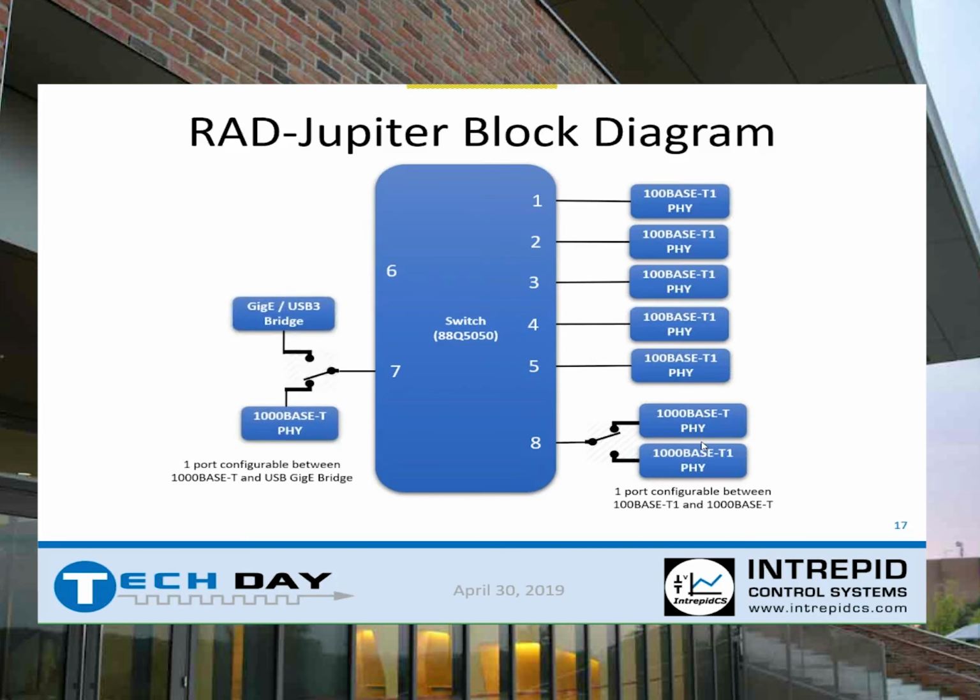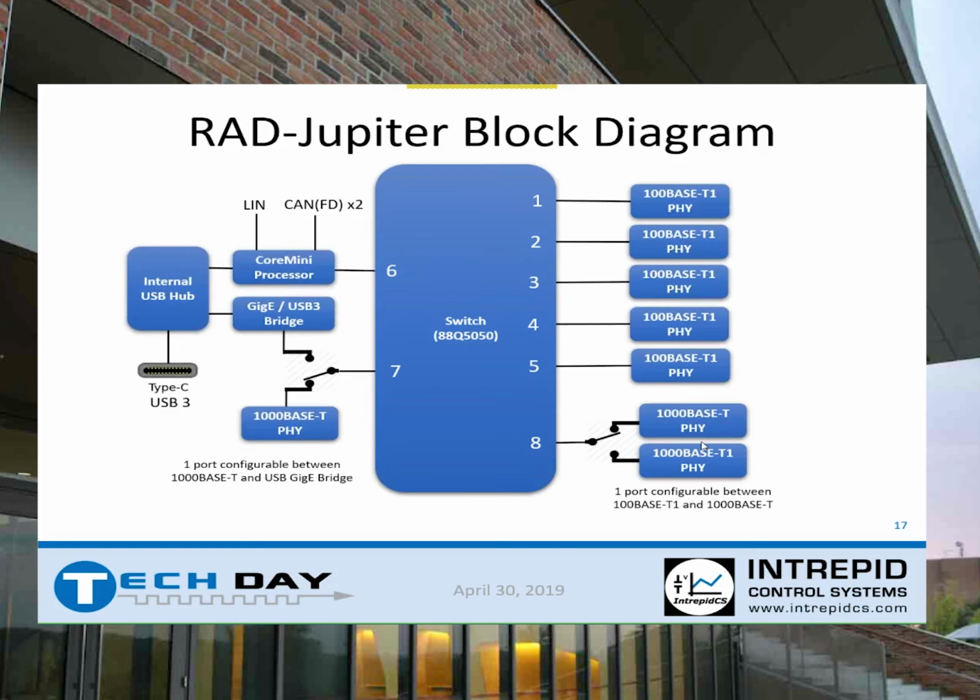Another port we muxed between the USB 3 gigabit bridge or another RJ45 port. And then we have the Core Mini processor on its own port. So in this one, you don't need to mux between being able to use the Core Mini processor and scripting and basically be giving up a port.